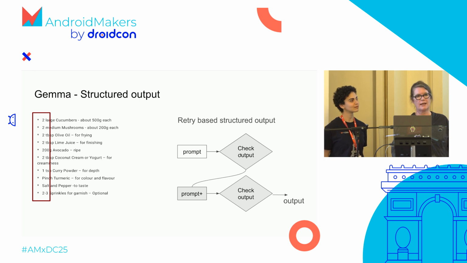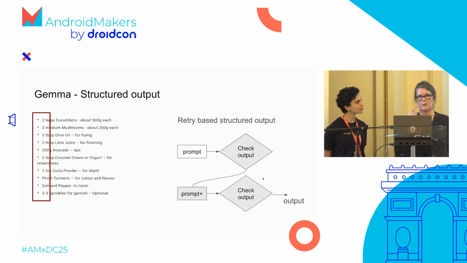you send it to the LLM, you get the output out. And before you give that output to the user, you check it. And then you say, okay, it's got too many stars in it, or whatever your rules are for your structuring. You add what you wanted to change to the prompt, and then you run it again, and then you check it again. Now, you can see here, this thing can carry on for a long time.